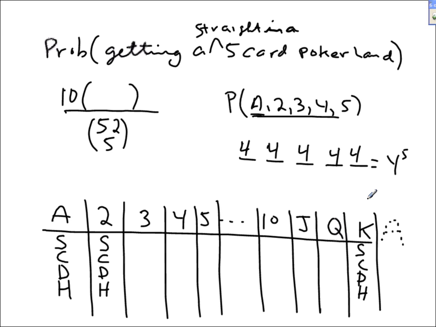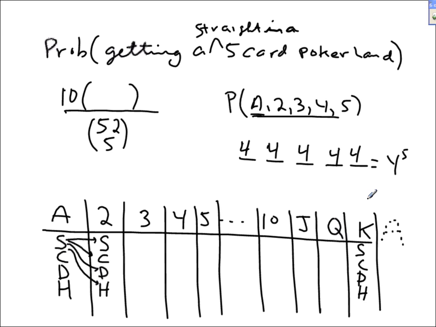You can get the ace of spades with the 2 of spades, or the ace of spades with the 2 of clubs, or the ace of spades with the 2 of diamonds, or the ace of spades and the 2 of hearts, or you can get the ace of clubs.